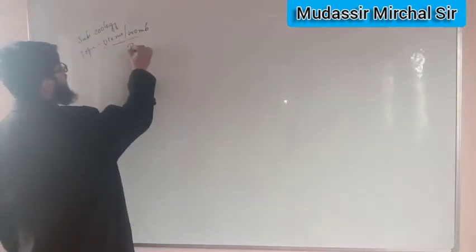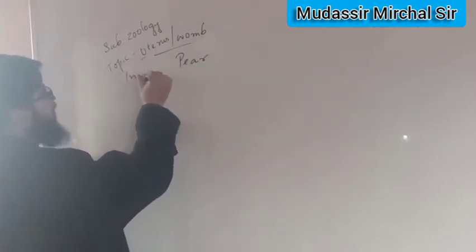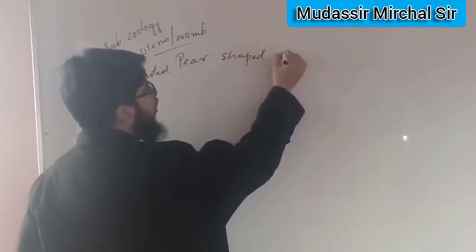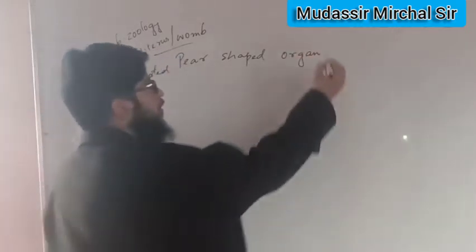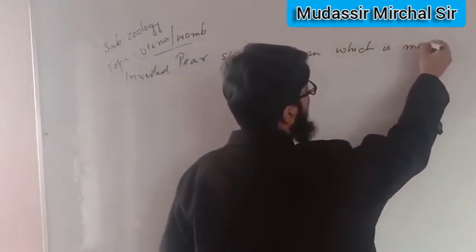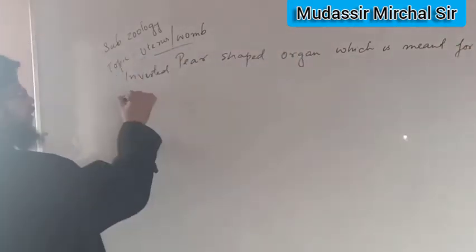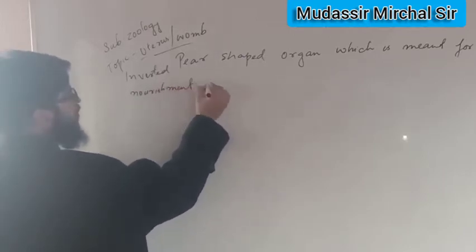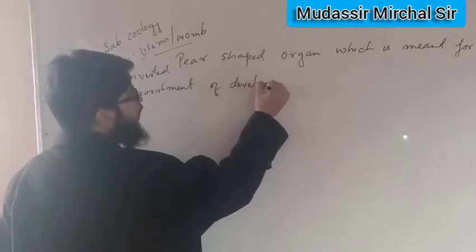It's pear shaped, मगर क्या pear? It's inverted pear shaped organ, which is meant for nourishment of developing fetus.